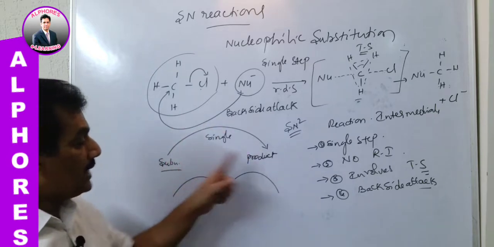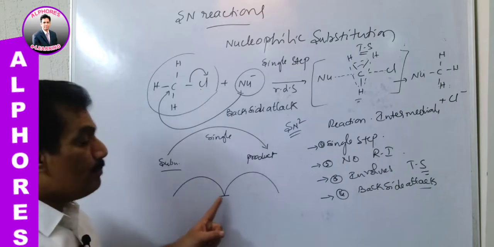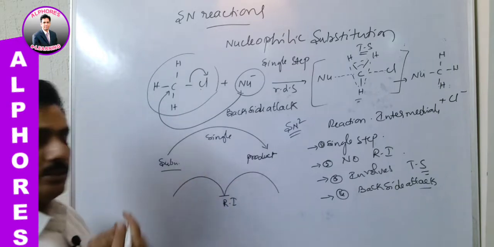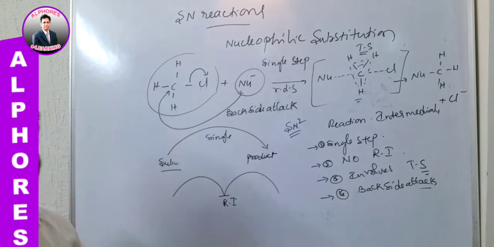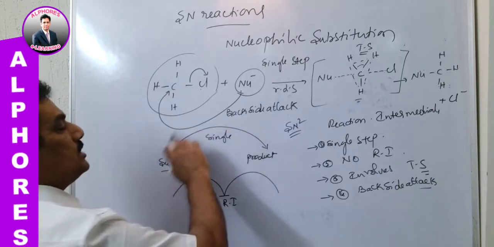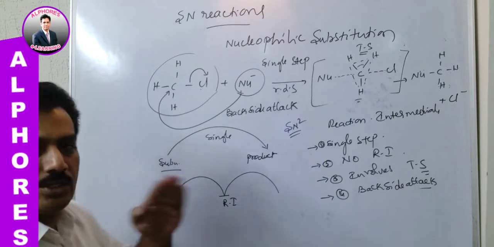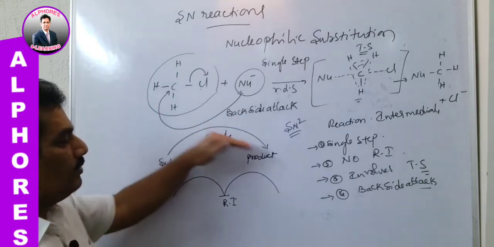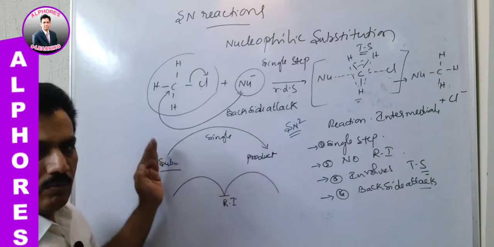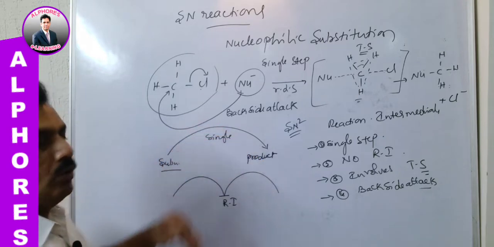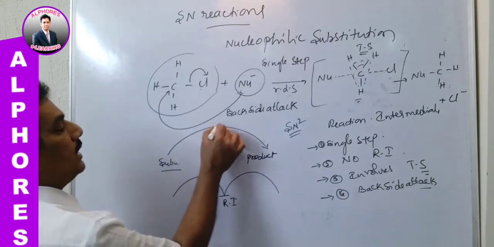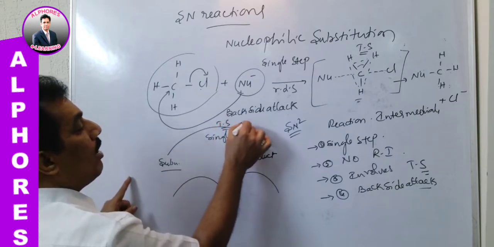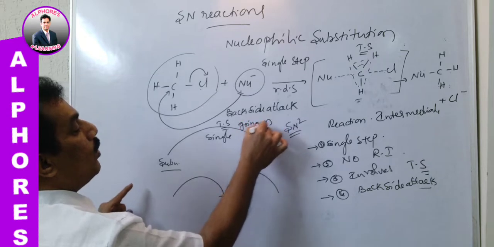It may also come like this, with some temporary halting. This is nothing but a reaction intermediate. Once the plane takes off, it is in a flying state, until we reach Delhi. So the transition state is a going-on stage.